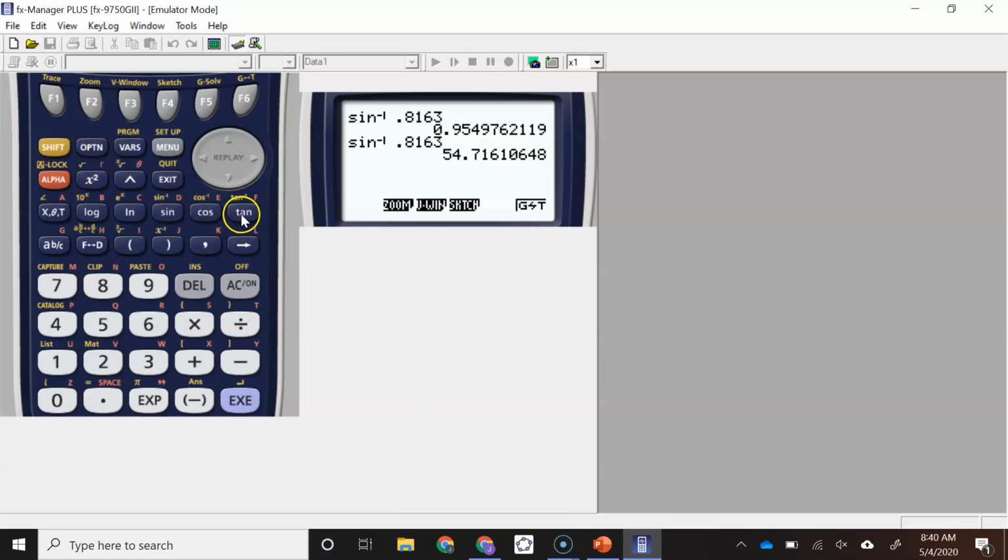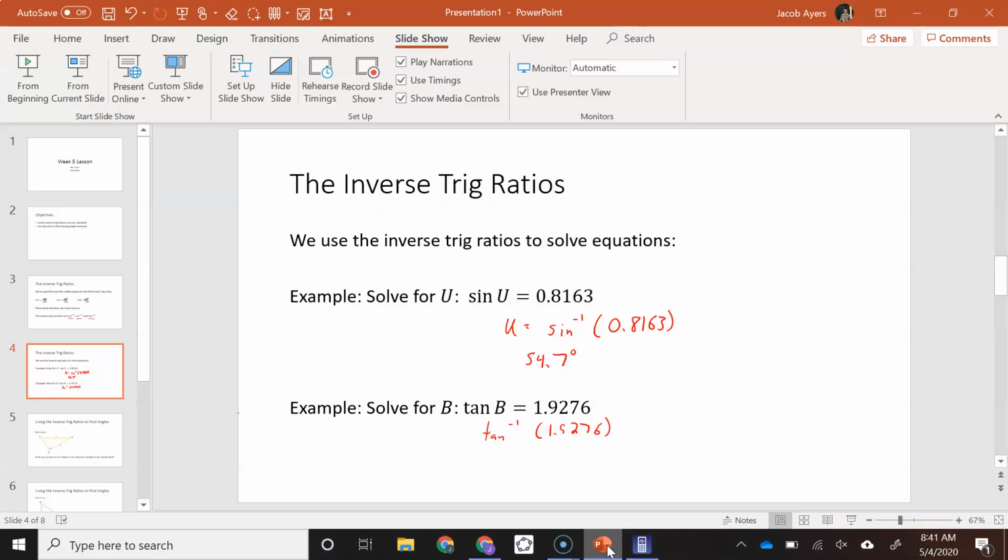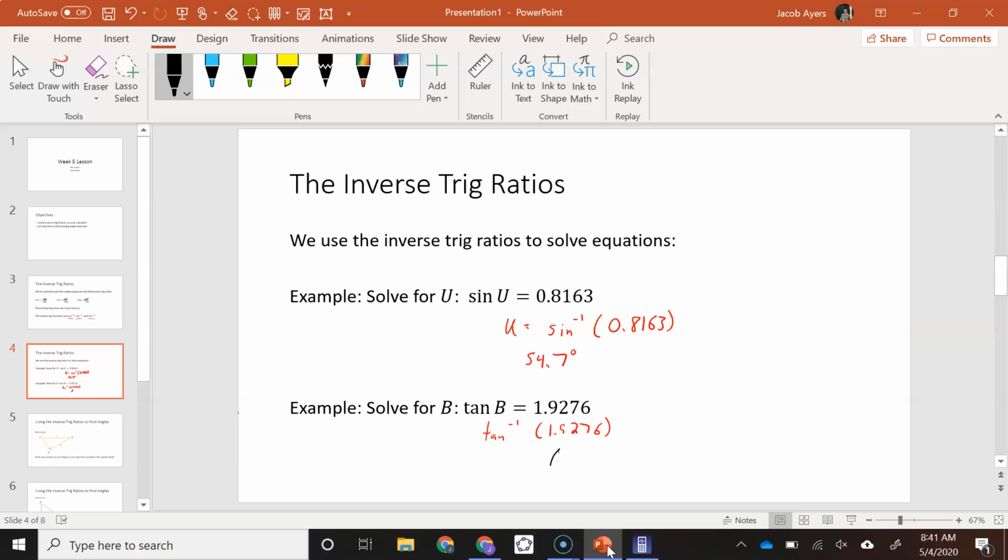Tangent inverse of 1.9276, 62.58. I did 62 point, so that's 62.6 degrees.